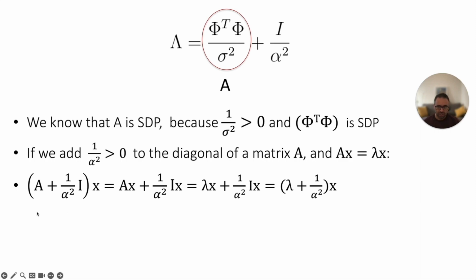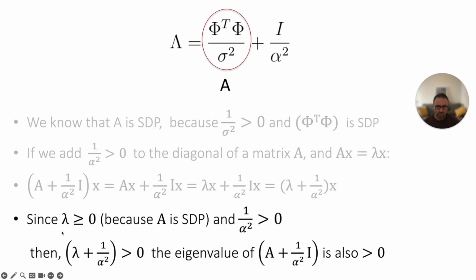We need to do again the same equation, our matrix times x, and this x can enter in this product. We have this effect here, and note that we know that A times x is lambda times x, so we can replace this here, and we can again factor by x from the right side, and we end up in this result. So in other words, we're saying that this matrix times x is this vector times x, so this vector is the eigenvalue of this matrix.